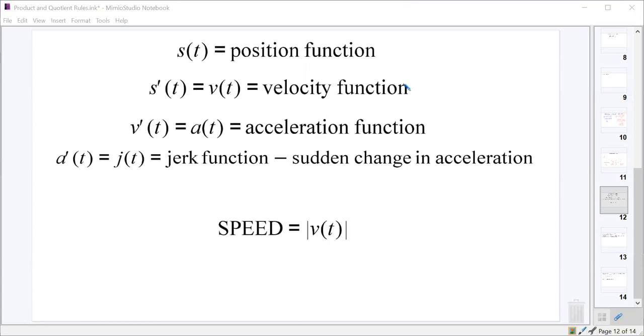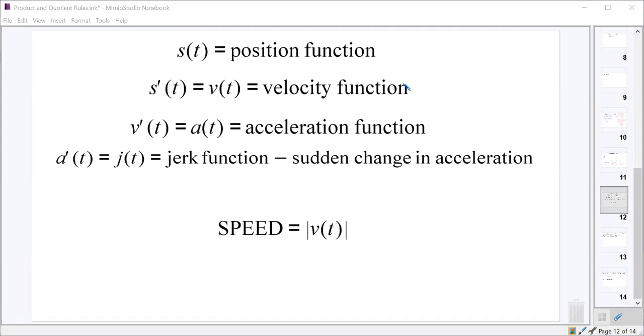Okay, that's fine. So if we are given a function that represents the position of a particle moving along a line, or the position of anything moving in just a single linear direction, and we take its derivative, that should give us the instantaneous rate of change of that particle, which would be its velocity, right? That's how we measure the change in position of something, is with velocity.